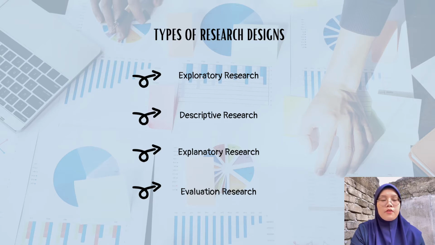The last one of types of research design is evaluation research. Evaluation research is known as program evaluation, referring to the purpose of the research rather than a specific method. This evaluation research is a systematic evaluation of the value or worth of time, money, effect, and resources expended to achieve a goal.